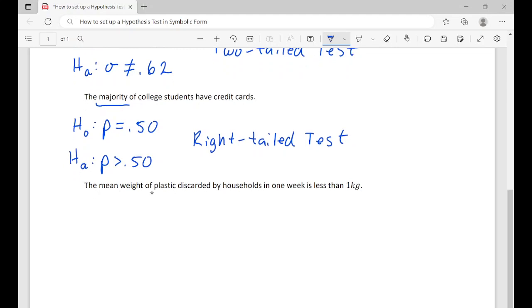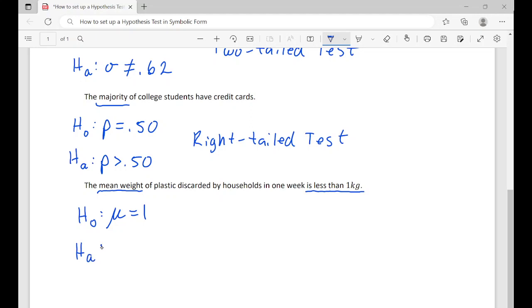Last, the mean weight of plastics discarded by households in 1 week is less than 1 kilogram. So the mean weight is less than 1 kilogram. So the null hypothesis, since it's dealing with mean, is going to have mu, and again it's equal to 1 kilogram, so 1.